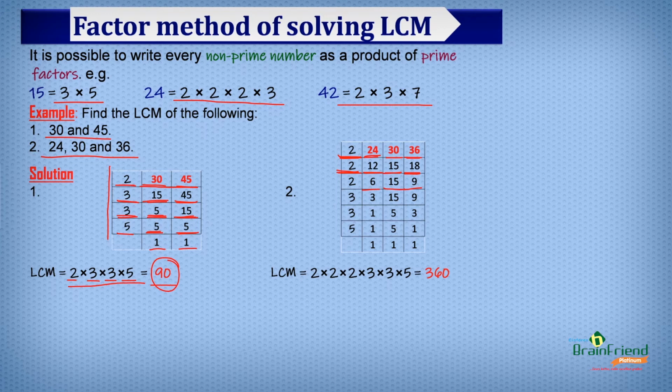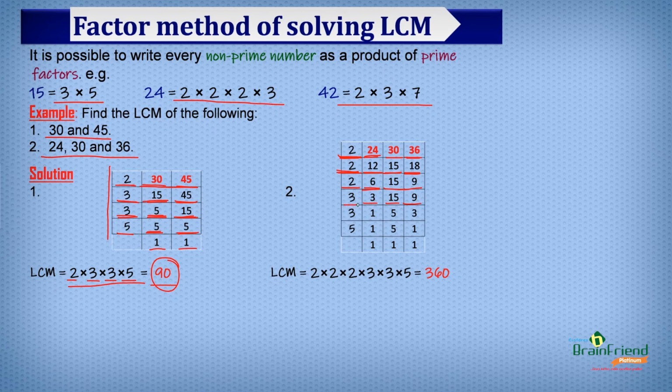Now, the number 2 can still be used. So we have 2 into 6, we have 3. Now, from the look of things, 2 cannot go into 15, and neither can it go into 9. So we bring down our 15 and 9. Now, the next possible number that can go into all three numbers is the number 3.